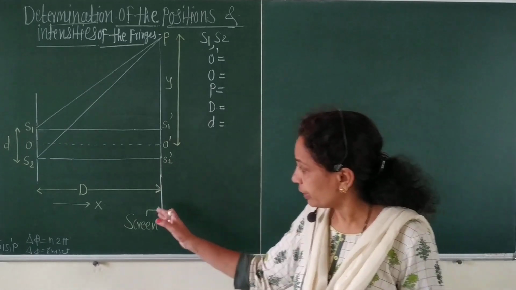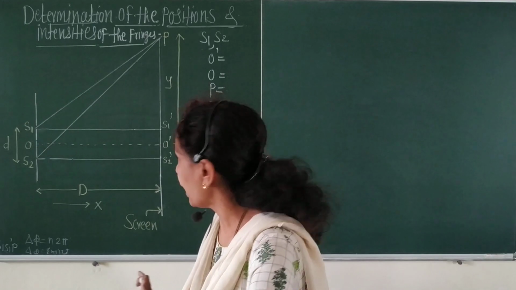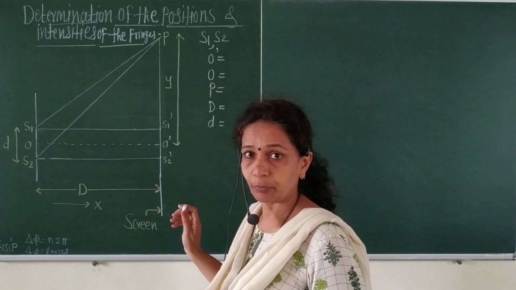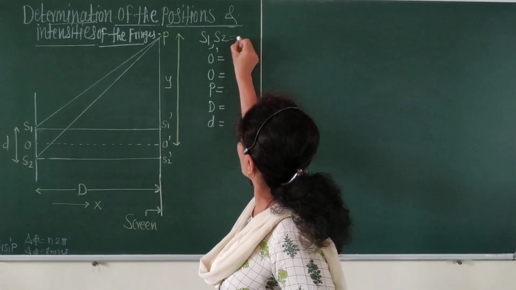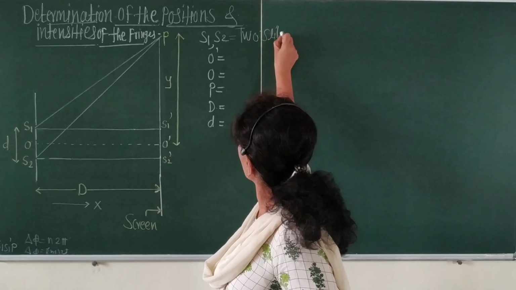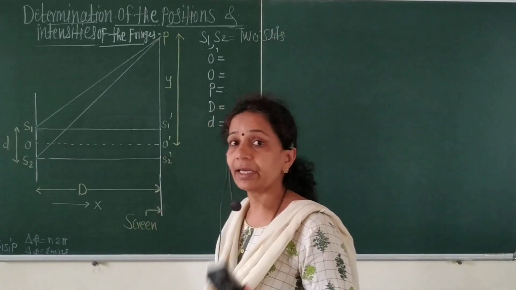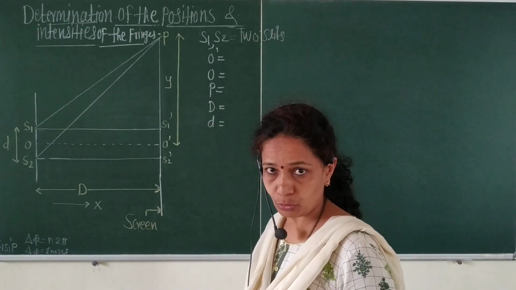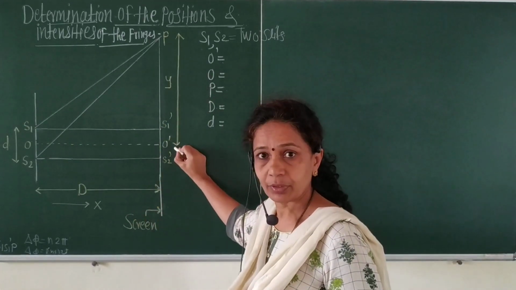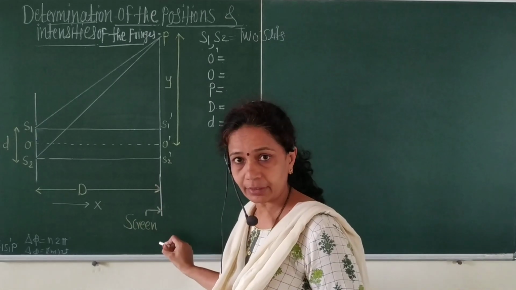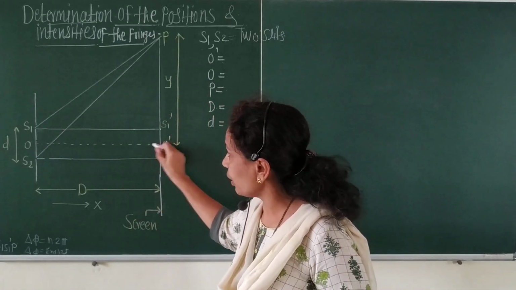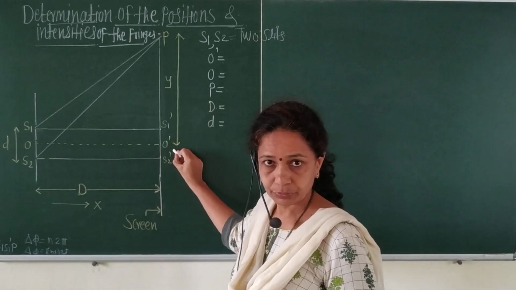Now, let us consider this diagram. In this diagram, what are S1 and S2? S1 and S2 are two slits which are illuminated by a monochromatic source. O dash is the point on the screen which is equidistant from S1 and S2.